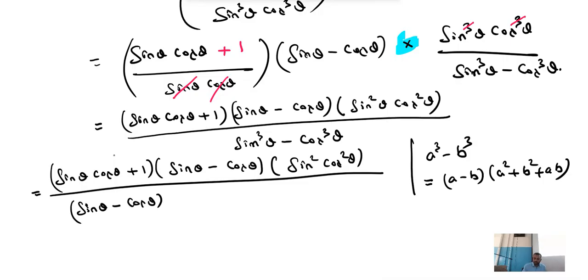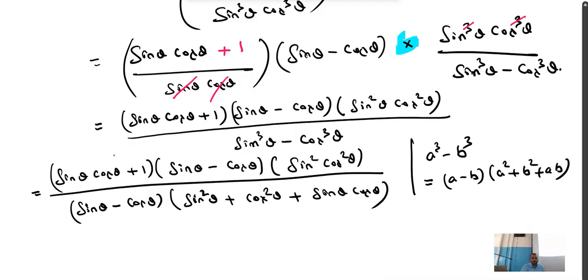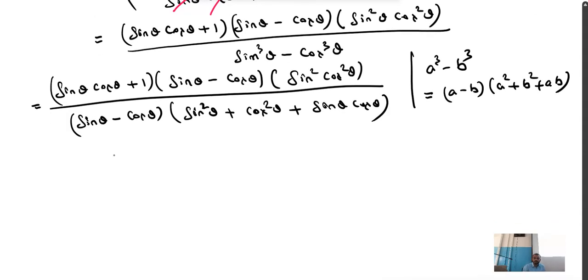A minus b into a square, sin square theta, plus b square, cos square theta, plus ab, sin theta into cos theta. And now check, anything gets cancelled? Sin theta minus cos theta, sin theta minus cos theta get cancelled. Sin square theta plus cos square theta is 1.